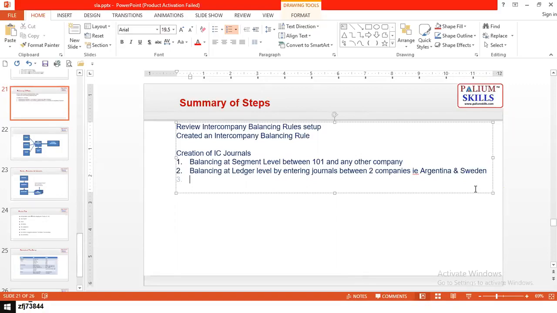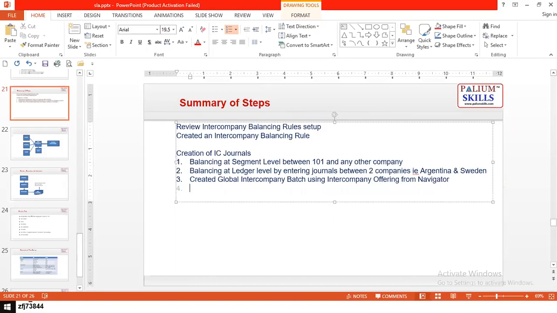After this, we went in and created a global intercompany batch. To help you recall, from the navigator we had that intercompany.